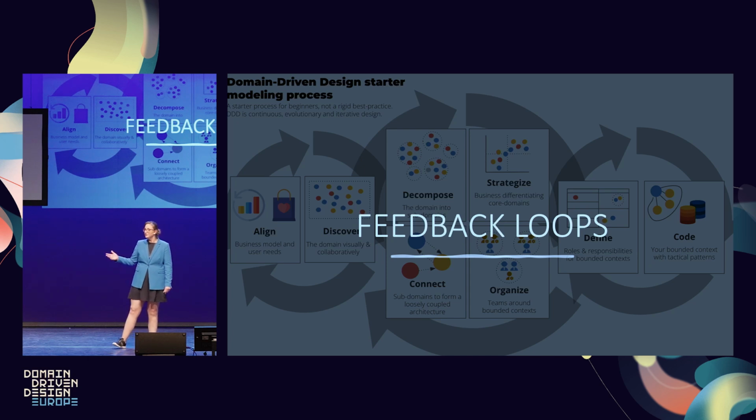And if you don't want a bad outcome, you have to create feedback loops into your implementation process so that you can go back to your decision process when needed and adjust and reevaluate to go forward again. So those gray arrows, which I kind of ignored in my setup story, are actually very, very important if you want to make good design decisions, which will lead to good design.